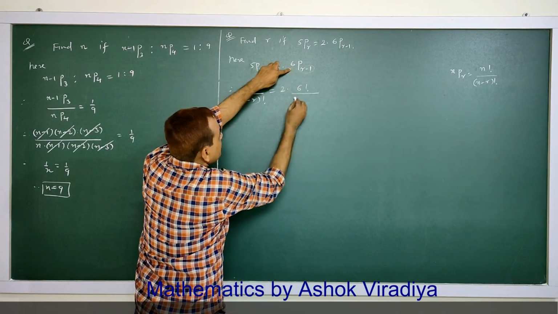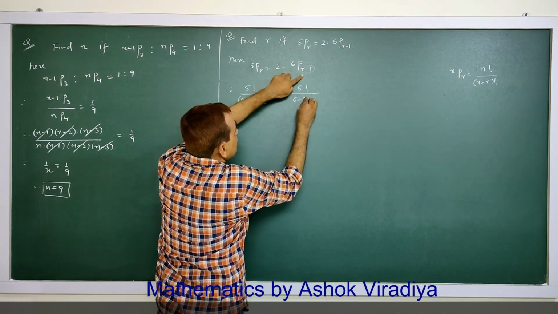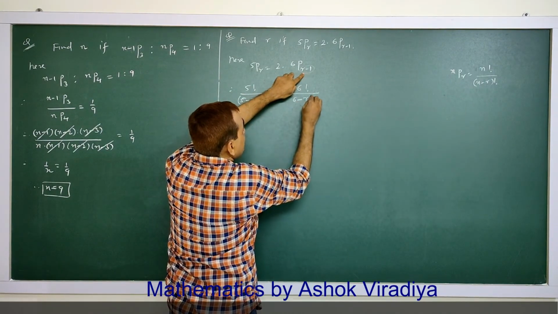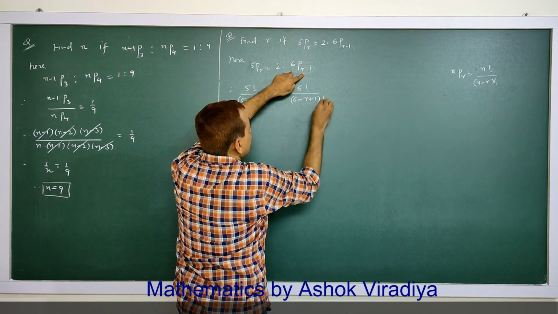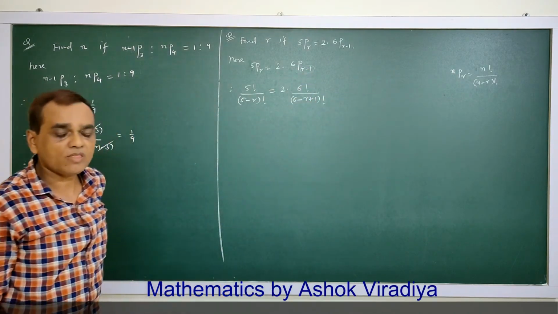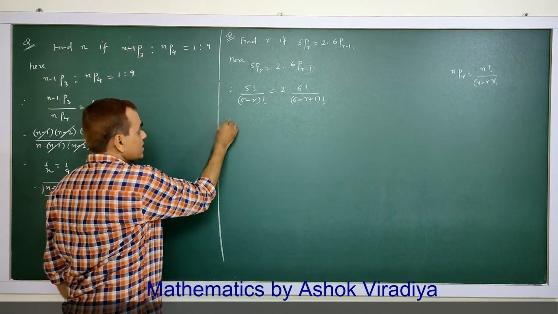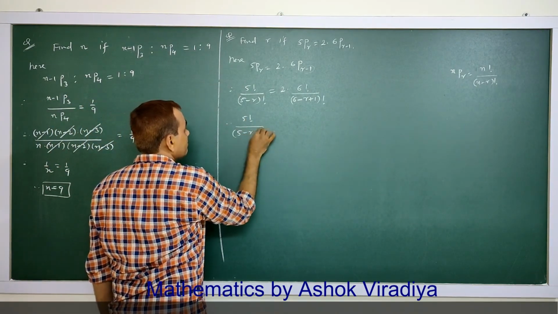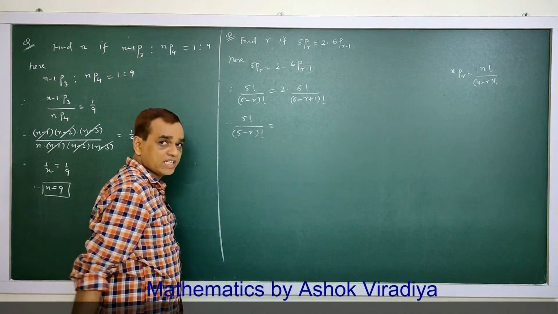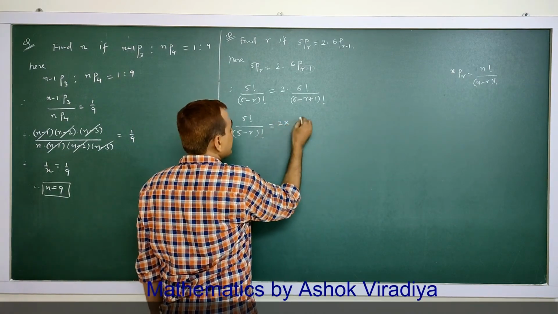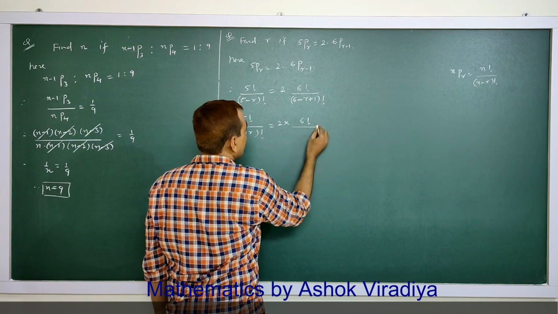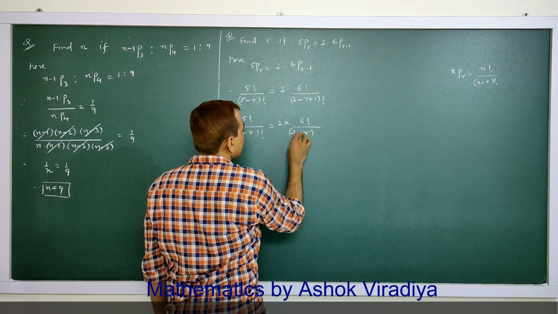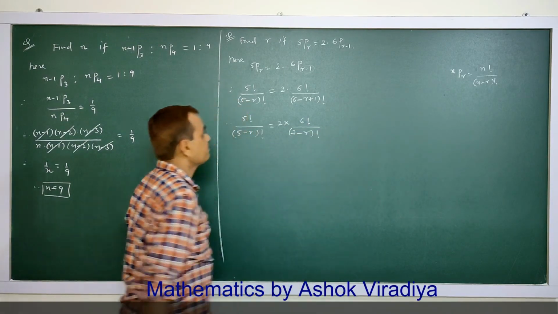So difference of these two numbers, 6 minus (r minus 1), so 6 minus r plus 1 factorial. So this implies 5 factorial upon (5 minus r) factorial equals 2 into 6 factorial upon (7 minus r) factorial.